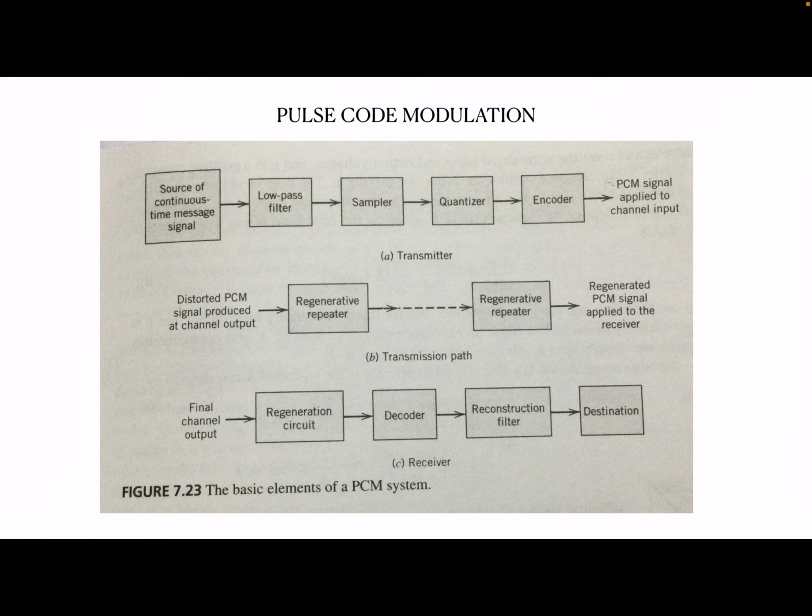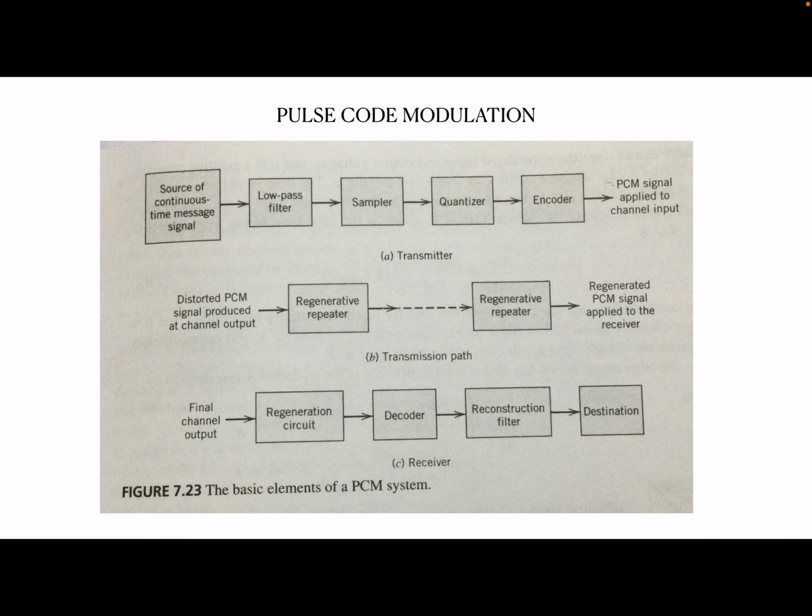It is basically the most basic form of digital pulse modulation. In PCM, a message signal is represented by a sequence of coded pulses, which is accomplished by representing the signal in discrete form in both time and amplitude.